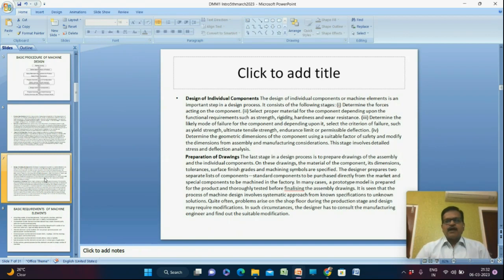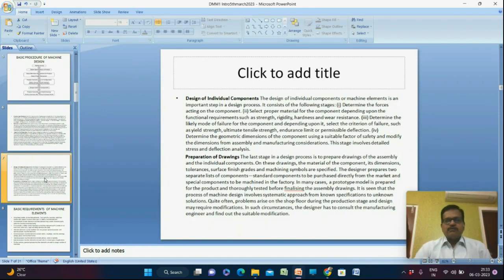It may be yield strength for ductile material and ultimate tensile strength for brittle material, endurance limit for fatigue loading conditions, a permissible deflection for members like shafts which are mounted with gear wheels, where the contact between the two such gears which are mounted on the parallel shafts is very very important.